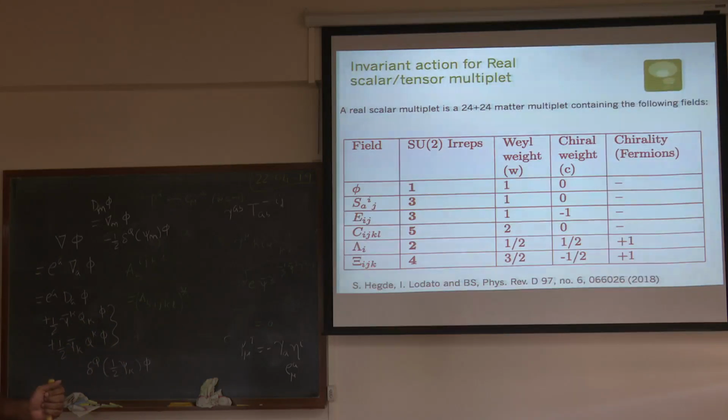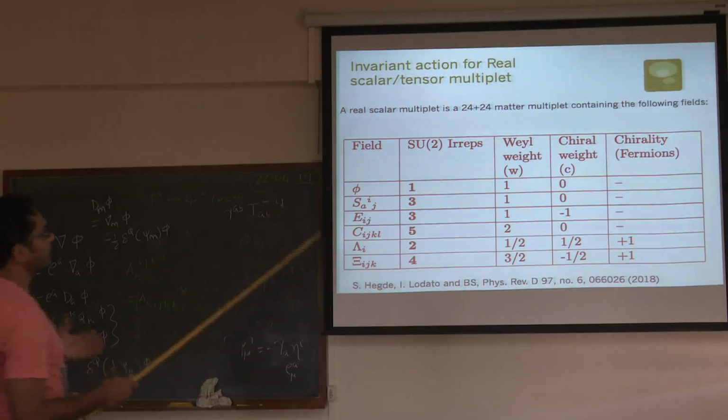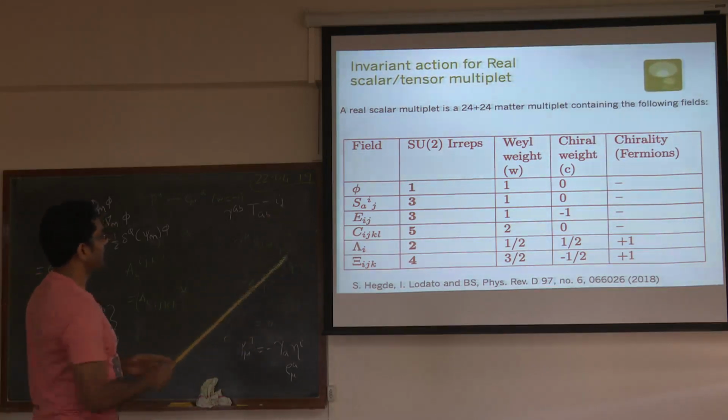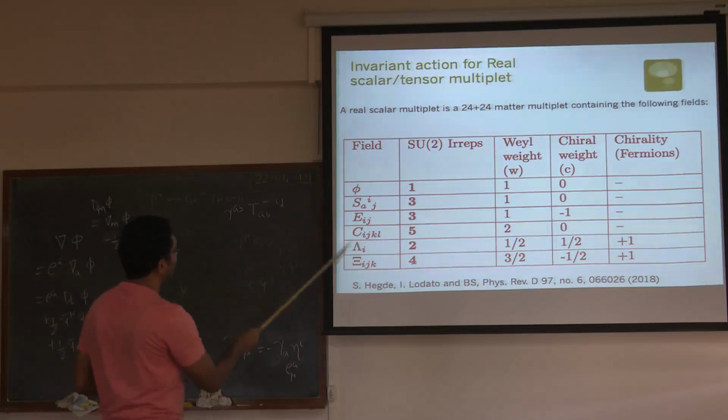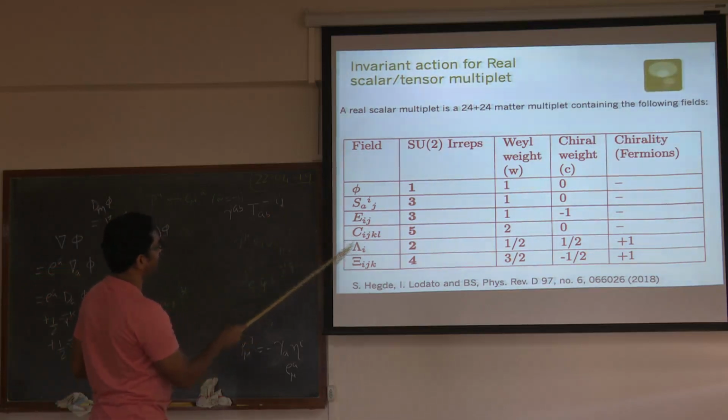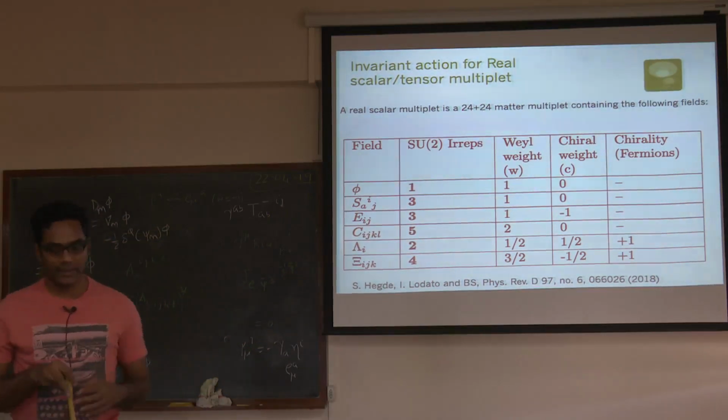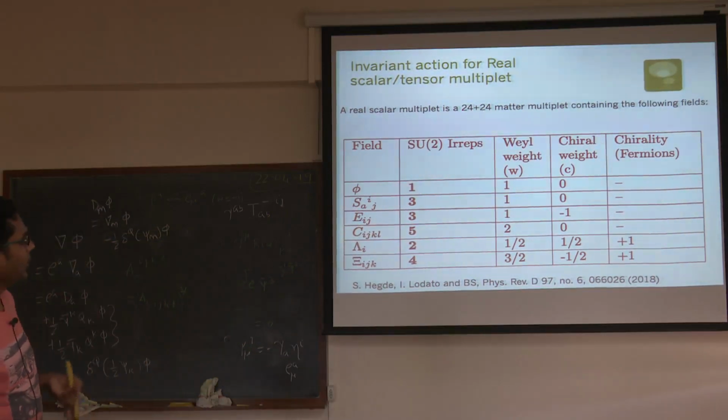So what we did is we applied this to what we worked out last year, which we call the real scalar multiplet. It's a 24 plus 24 matter multiplet containing these fields, where these are the fermionic fields and these are the bosonic fields. Okay. All the properties of these multiplets I have written in this table.